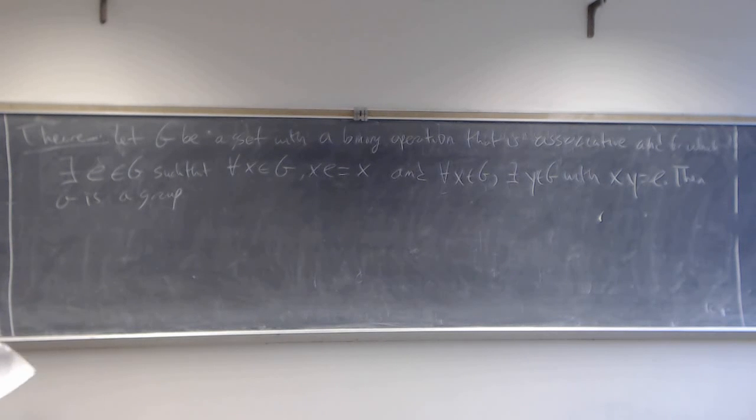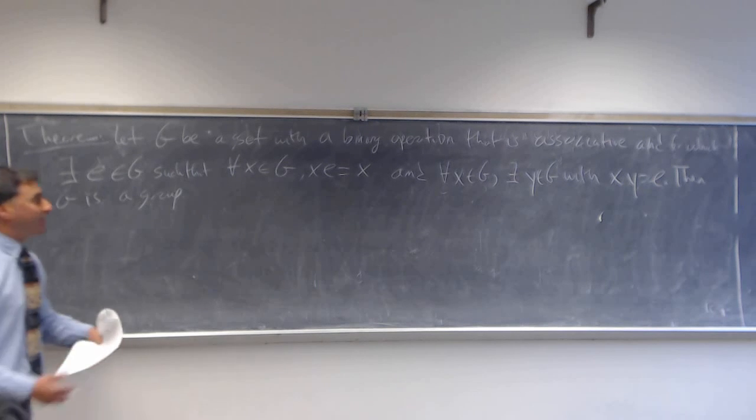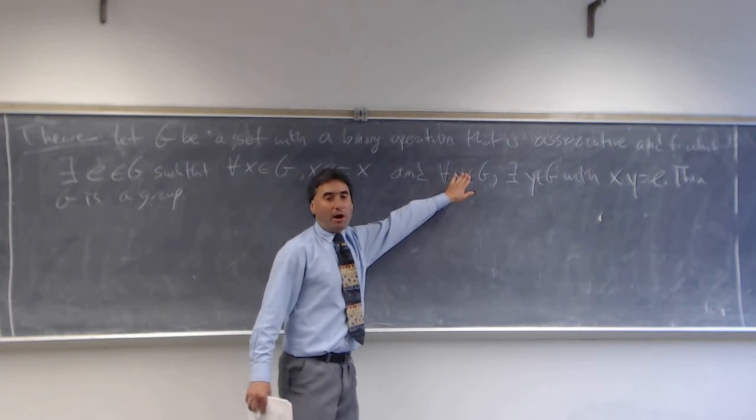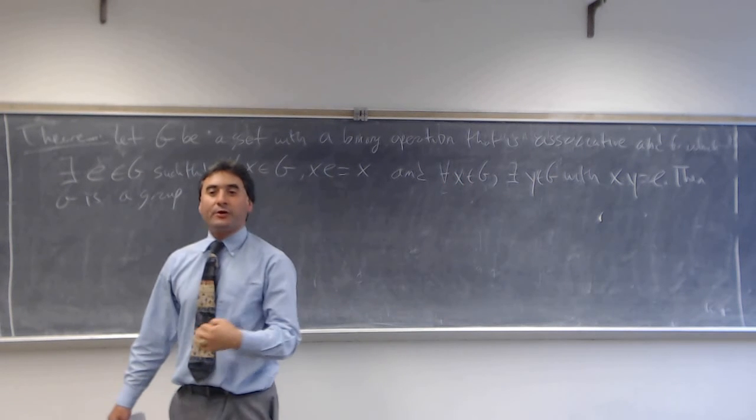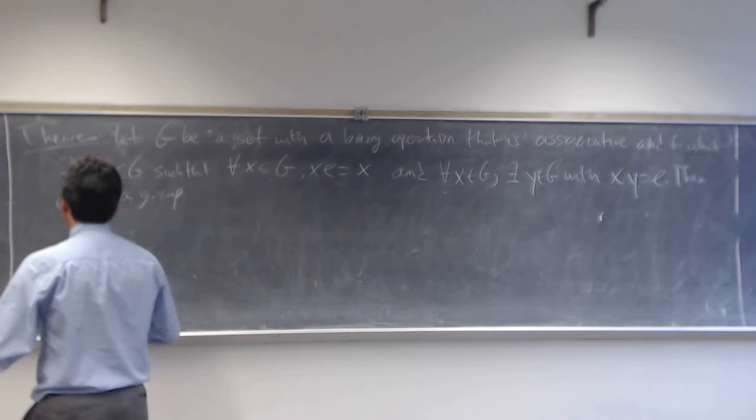This does not mean that every right identity is also a left identity. You need the inverse property as well. So it's very important that you need both.